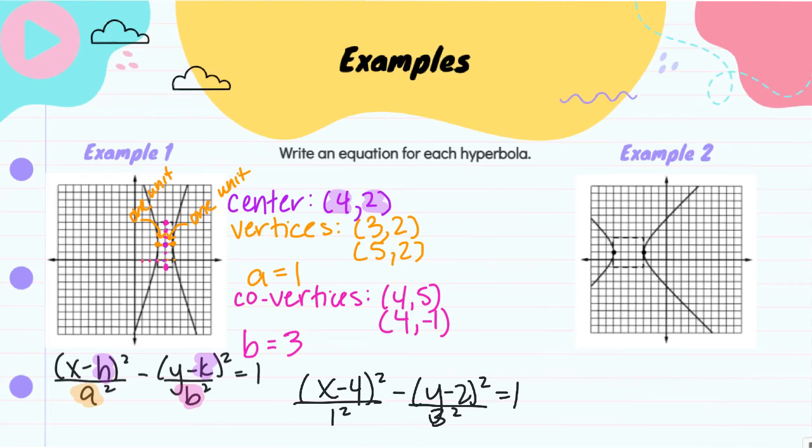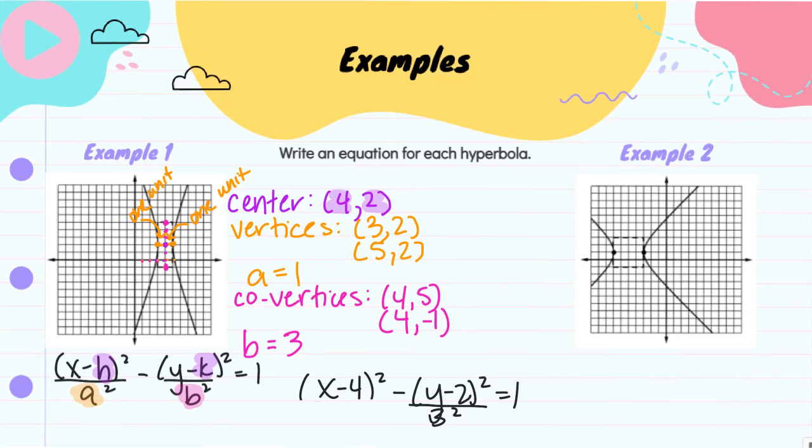And we can simplify these to see that (x minus 4) squared over 1 squared is the same thing as (x minus 4) squared over 1, and we don't even need that 1 in the denominator. So we can just say that the first term is (x minus 4) squared.